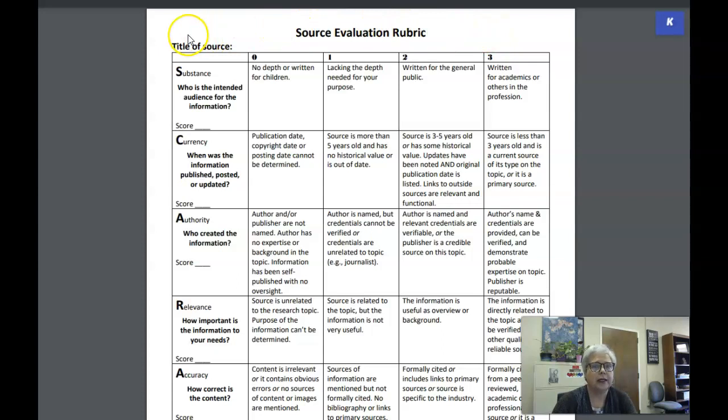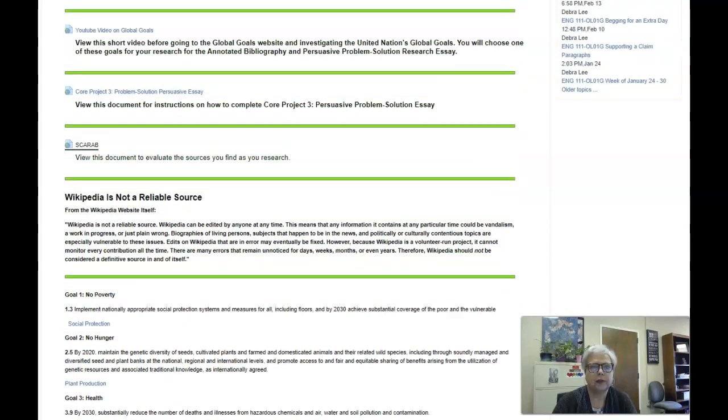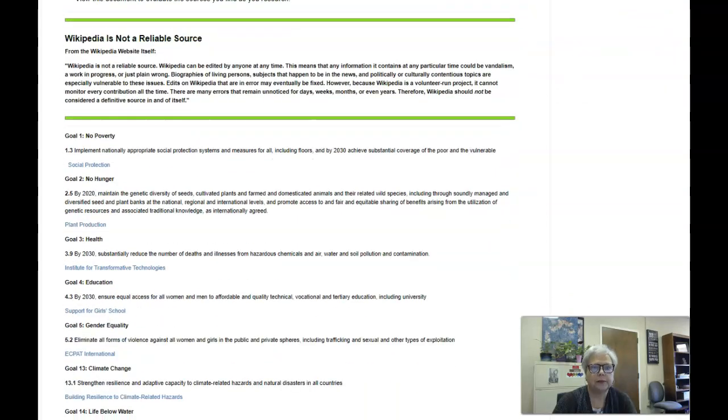But for this week, we're just going to try to get the information about what is the goal, why is it important to have this goal, and what are some possible solutions for the goal. That's what you're looking for this week.